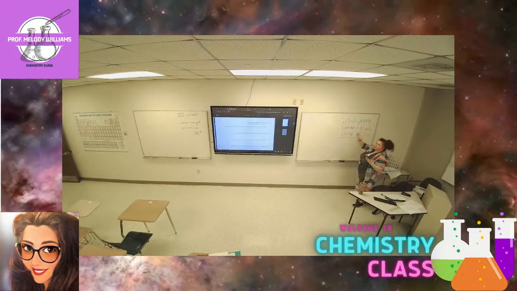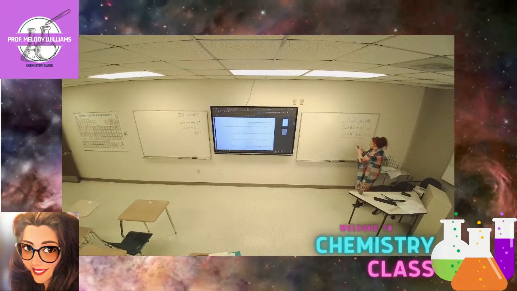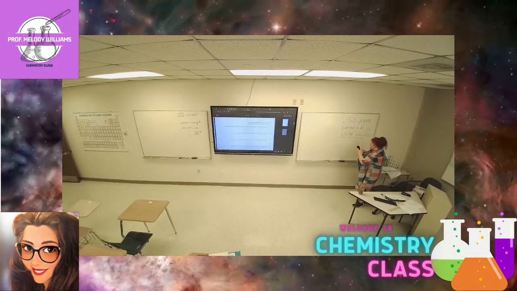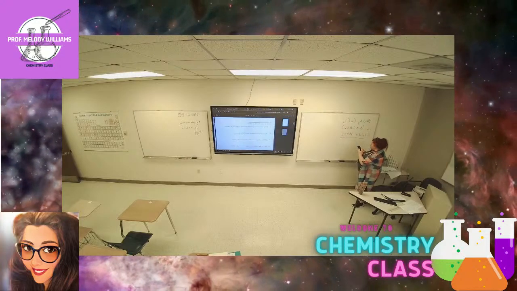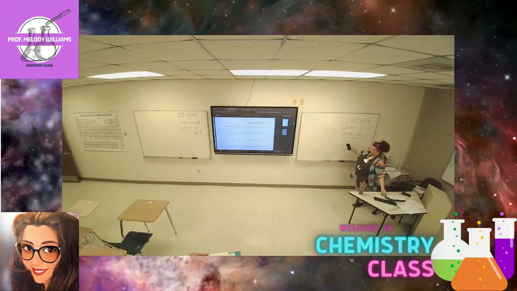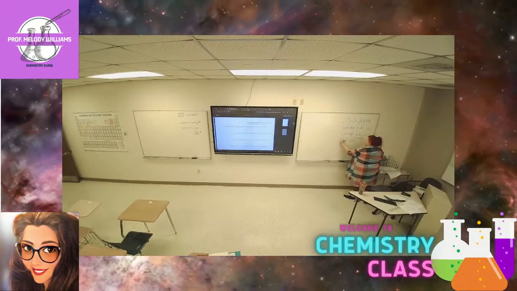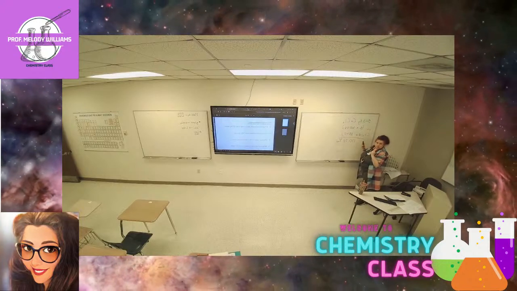I mean, as far as like parentheses. Make certain you put stuff in parentheses, or it's going to do order of operations and mess you up. So we've got 35.45 times 2 plus 40.08. Okay. So I got 110.98 grams per mole. Is that what y'all got for the molar mass?